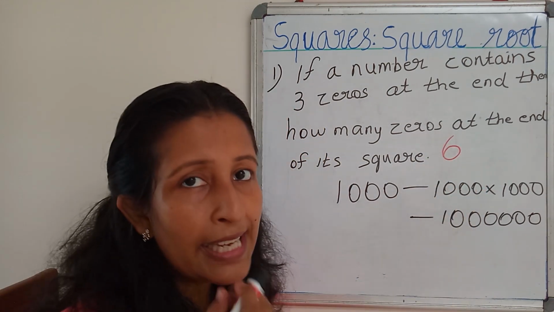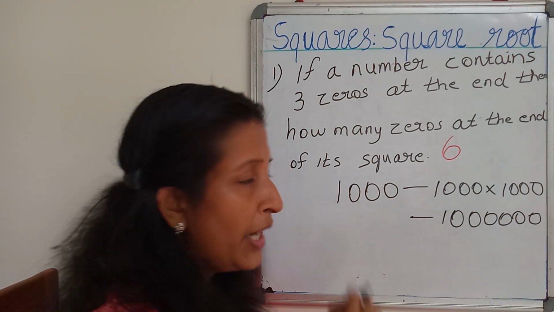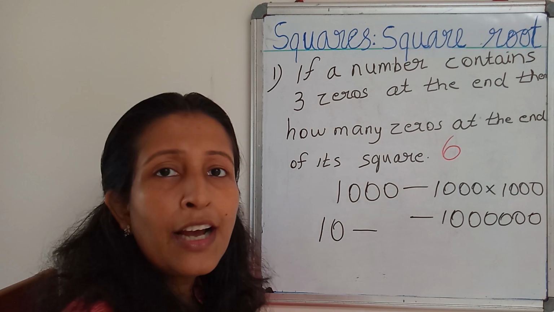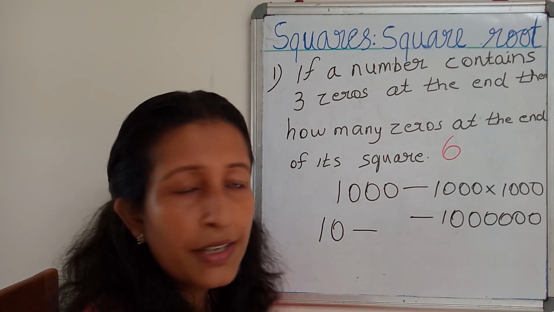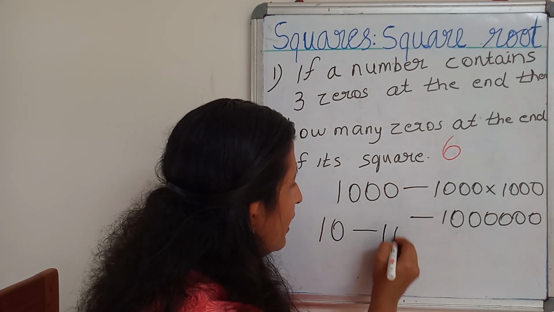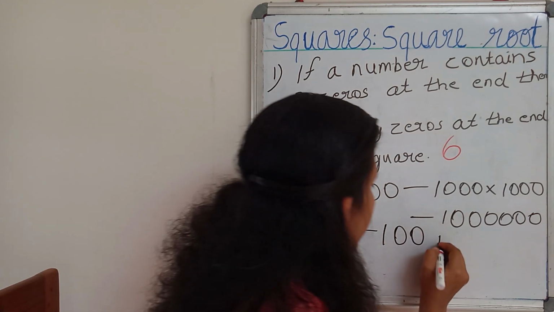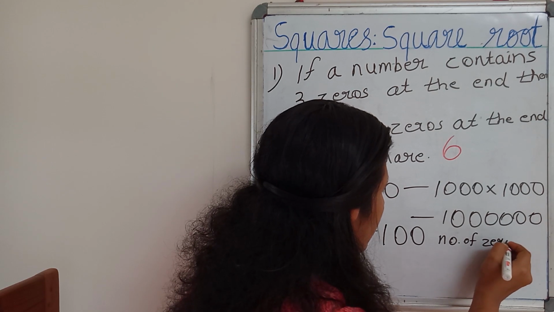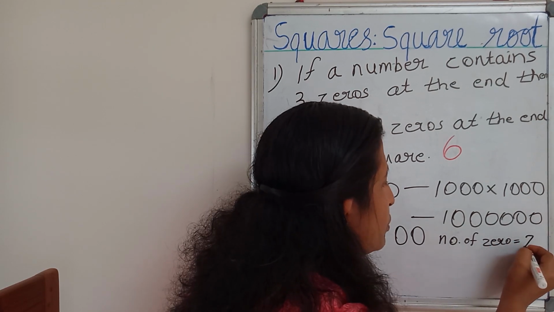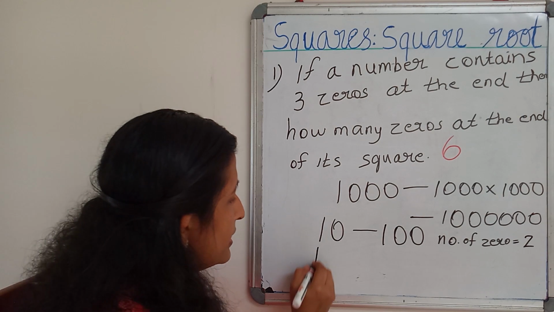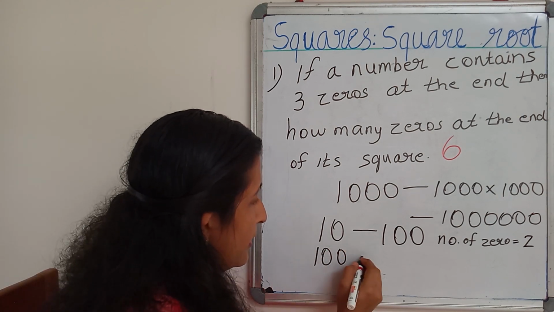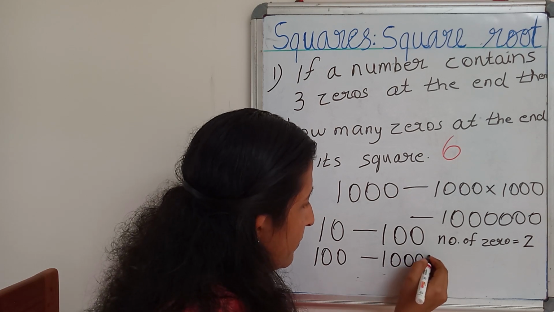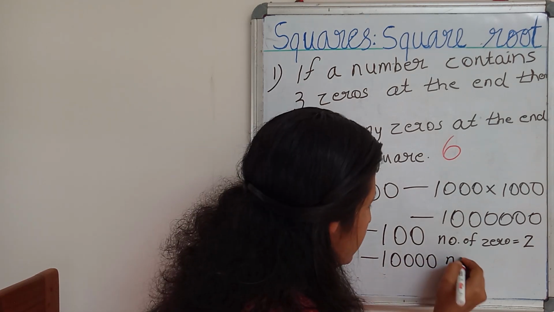Okay, and I am asking, if a number contains 1 zero at the end, that is, the number is 10, then how many zeros will be there in its square? That is 100, and number of zeros is 2. If a number contains 2 zeros at the end, then its square contains how many zeros?